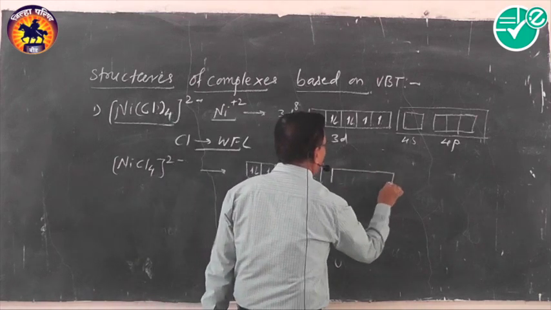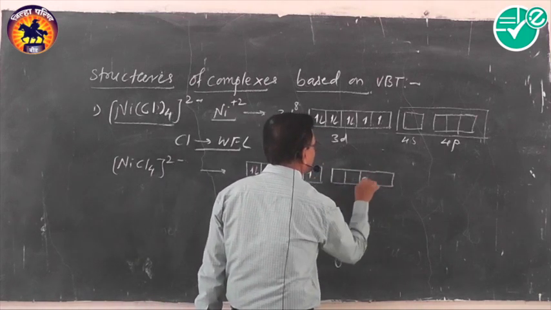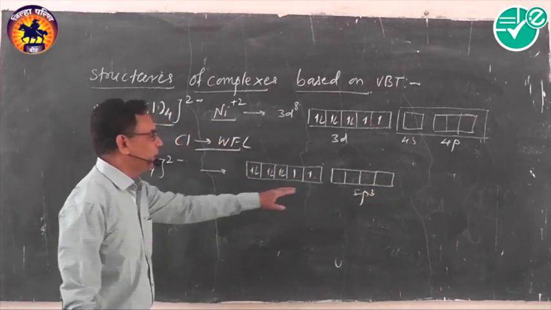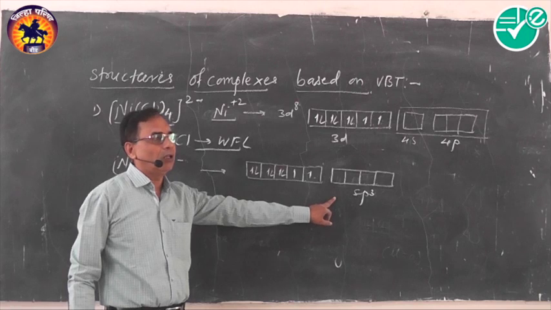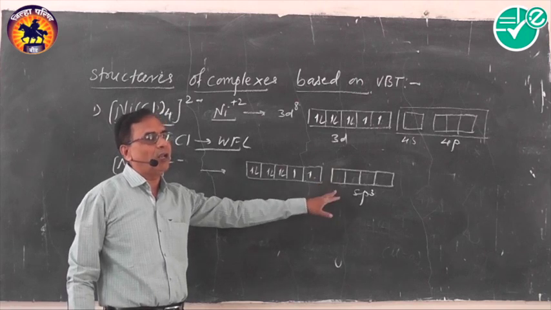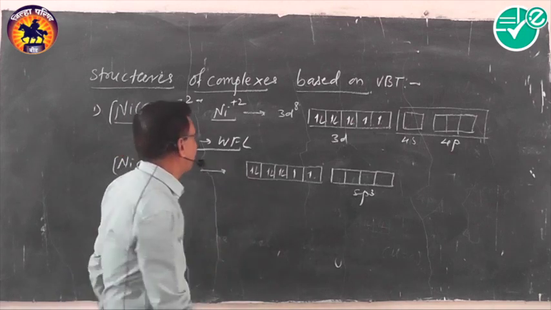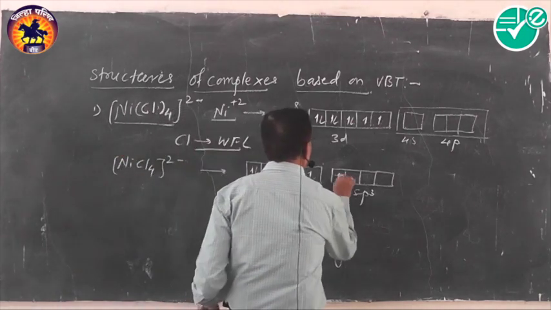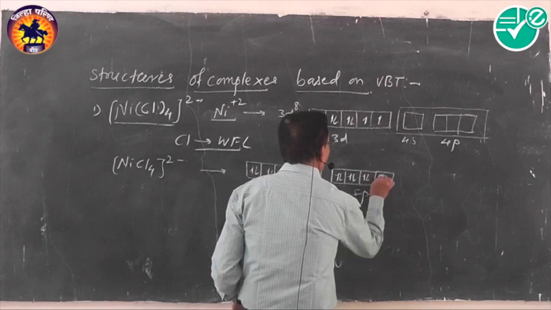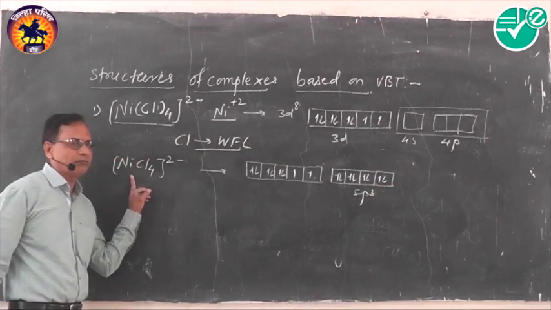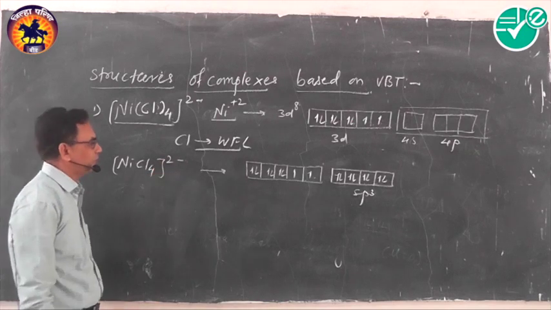These are sp3 hybridized orbitals. 4 sp3 hybridized vacant orbitals are available to accommodate the electrons which are donated by these Cl minus ions. This Cl donates 8 electrons, and this is the electronic configuration when the complex is formed or in hybridized state.